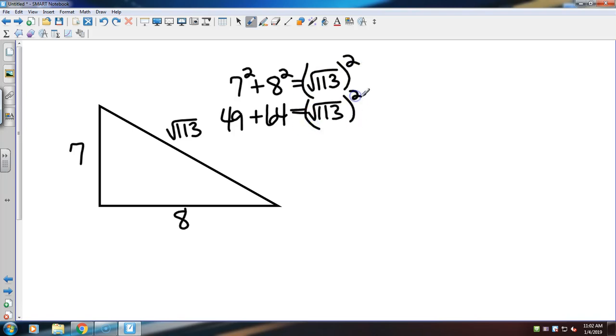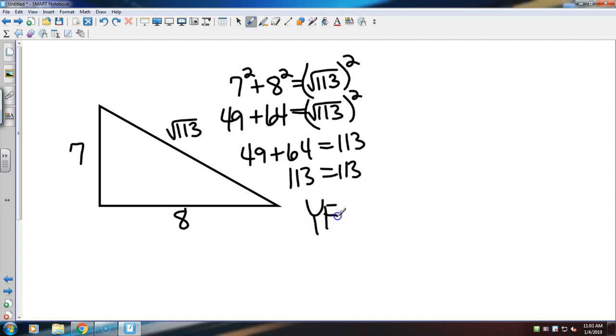So if I square the square root of 113, that's going to be 49 plus 64 equals 113. And in this case, that comes out to be true. So this is a right triangle. Make sure you square all three of them. I forgot to put that on there. My mistake.